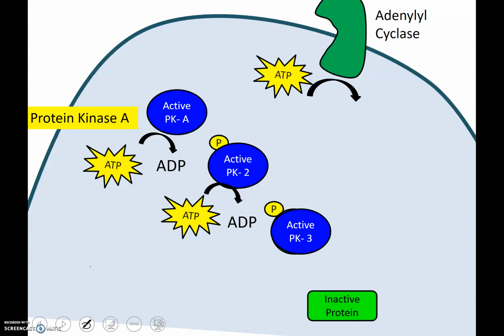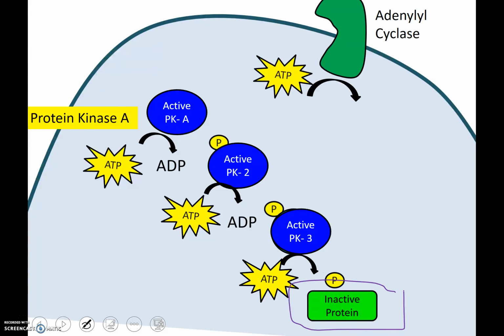In the example using epinephrine, here we have an inactive protein, and if protein kinase 3 transfers a phosphate group and activates that protein, well, now this protein may be an enzyme that has just become activated. If you remember that we have glycogen stored in our cells, like in our liver and our muscle cells, glycogen is a chain of glucose molecules.